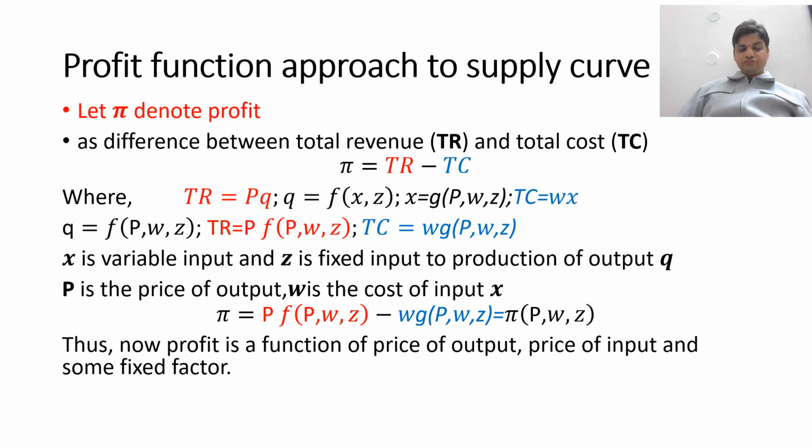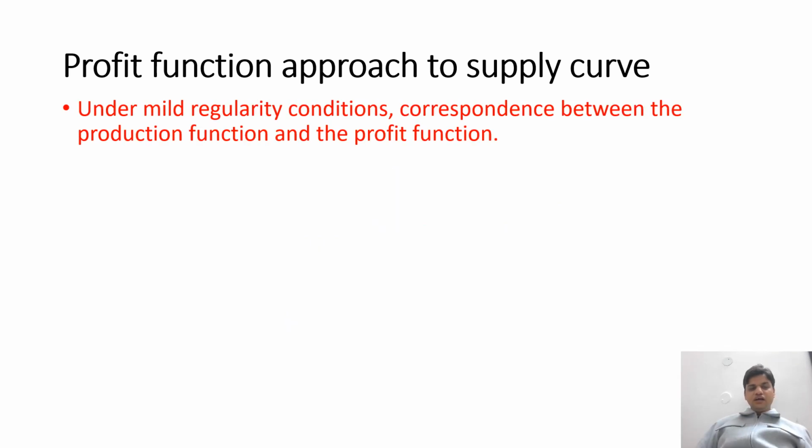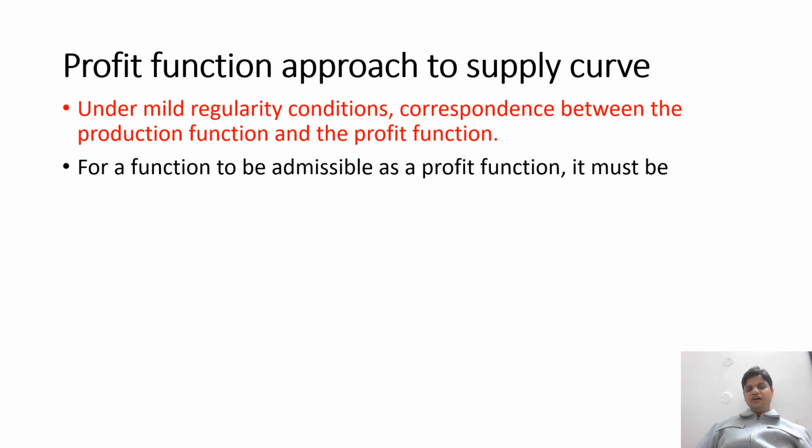So going further, under mild regularity conditions, a correspondence between production function and profit function exists. That means if the profit function is of Cobb-Douglas specification, the production function will also be of Cobb-Douglas specification. We'll see the proof also for what I am saying.